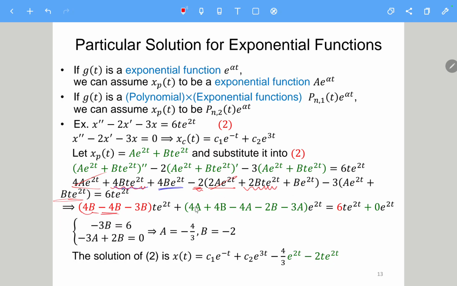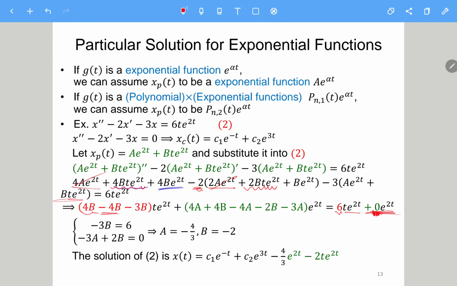So we just collect the terms, factor out this one, and then it equals this one. Here, this is a first order polynomial without the constant term, but here we still need to add 0. So we can compare the coefficients of the first order and the 0 order so that we can get two equations.